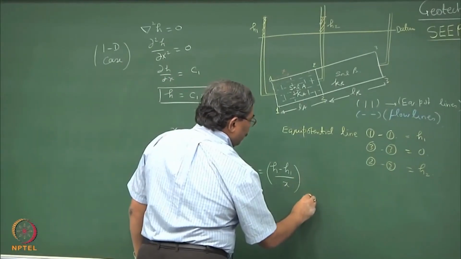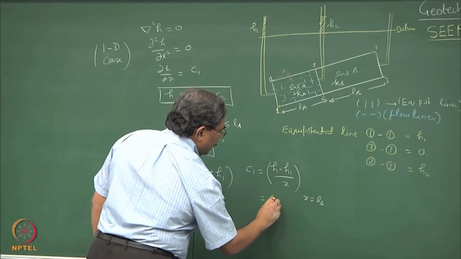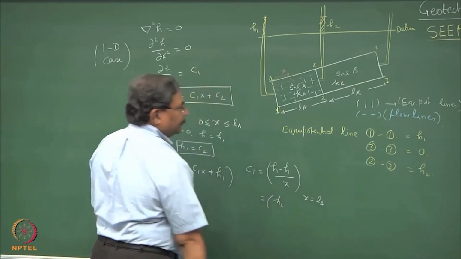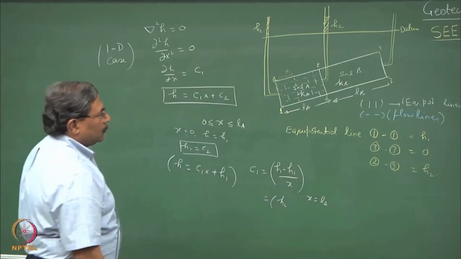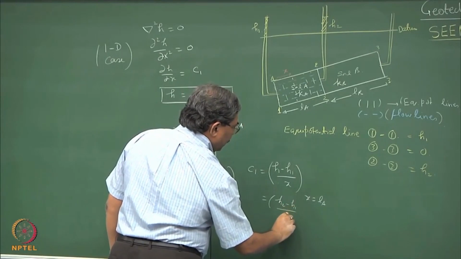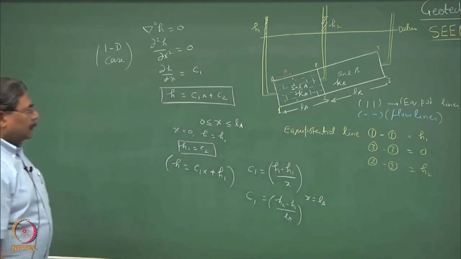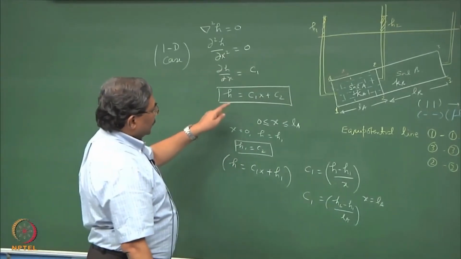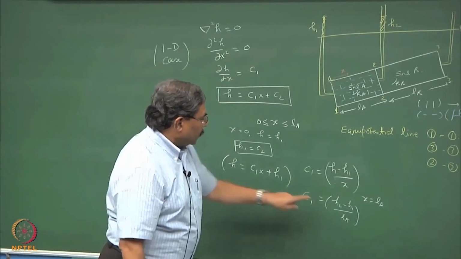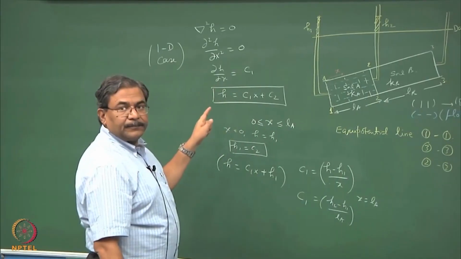At x equal to LA, this will be equal to (H2 minus H1) upon LA. So, I have the composite function now. I can substitute the value of this over here and I can solve this expression.